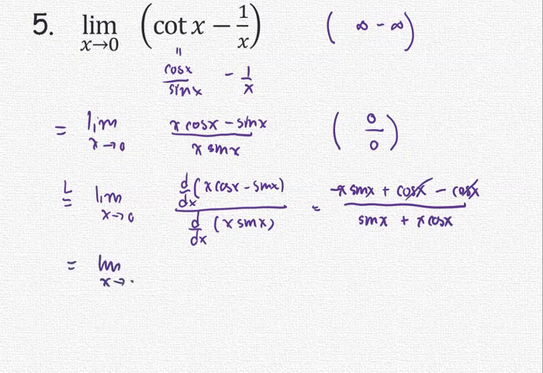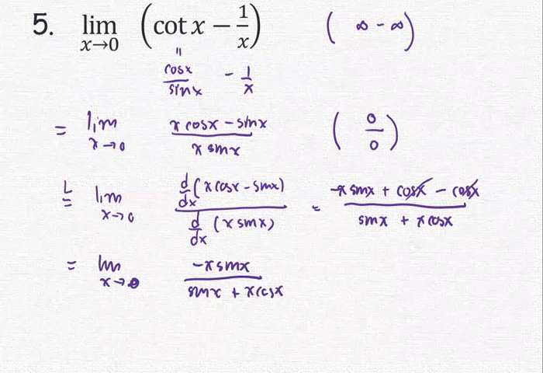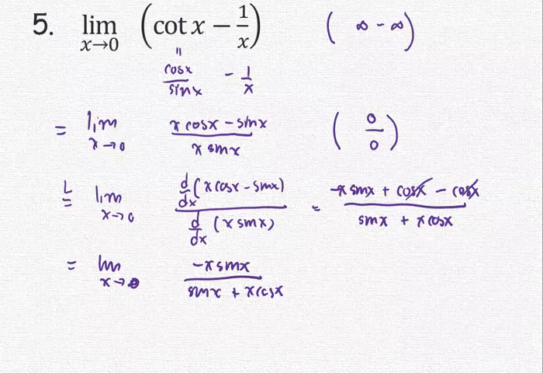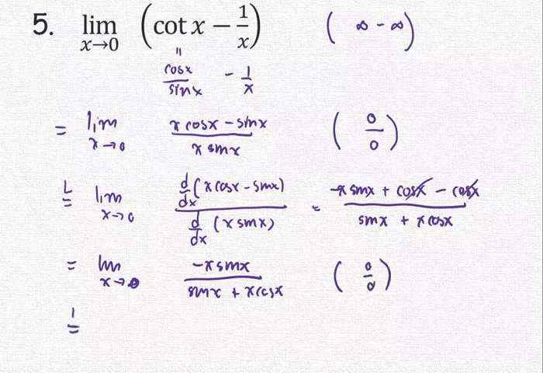We write it as the limit as x approaches 0 of negative x times sine x divided by sine x plus x times cosine x. As we see, this quotient is still approaching 0 over 0 as x approaches 0. We have to apply L'Hopital one more time. The derivative of the numerator becomes negative sine x minus x cosine x.